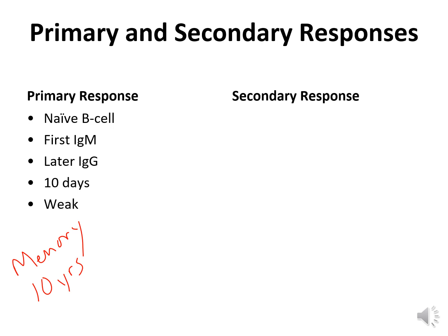And if it is within those 10 years, you are now activating memory B cells. And most of the time it's more than one cell, because for every naive B cell, you generate about 50 memory B cells. And memory B cells are experienced. They've been activated before, so a memory B cell will right away start producing IgG and will still produce the IgM. So right away you have IgG being produced.